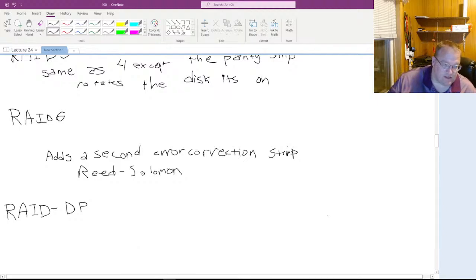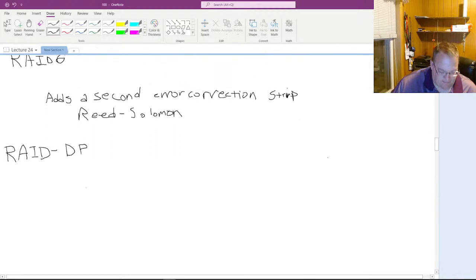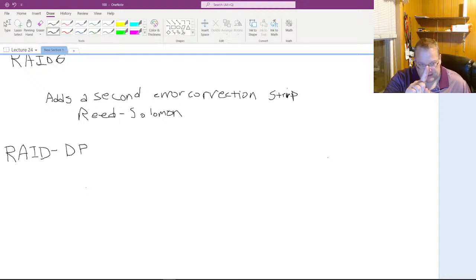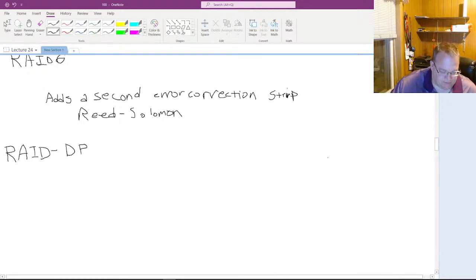So this is in some ways like RAID 6. Okay, so, double parity. You'd say, well, doesn't that sound like RAID 6 to you? Well, maybe a little bit, except there's a little difference here. I'll show you.